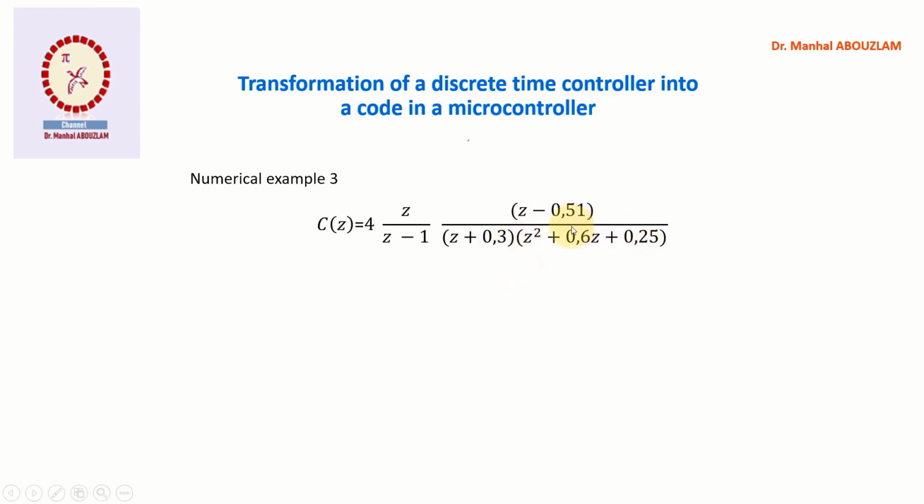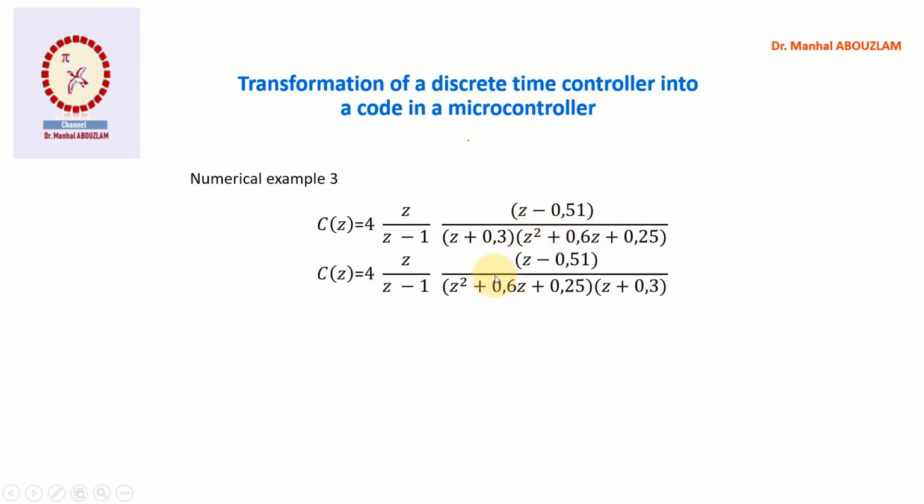For the polynomial of degree 2, what interests me is the complex conjugate pole. As you saw before, the modulus of the complex conjugate pole is equal to the square root of this value. So the square root of this value is equal to 0.5. As 0.5 is higher than 0.3, I will put this polynomial of degree 2 first.